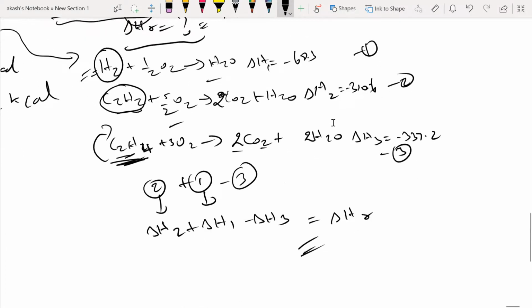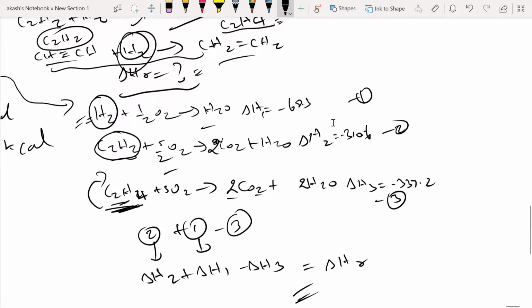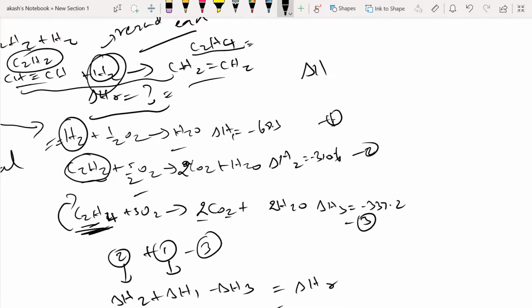Very simple. And I can tell you one point: enthalpy of formation of H2O is nothing but enthalpy of combustion of H2. Write the equations for both of them.